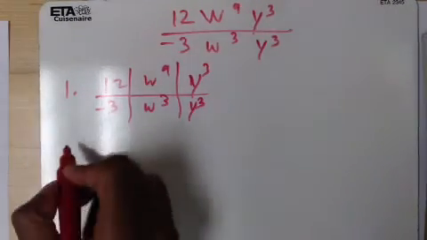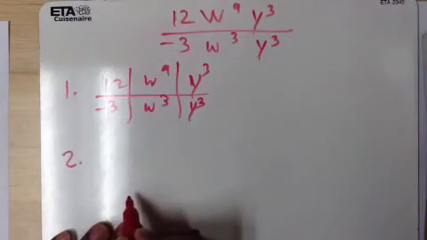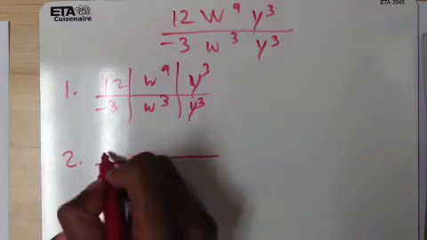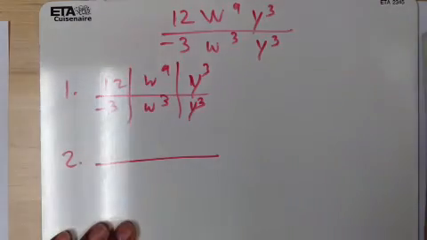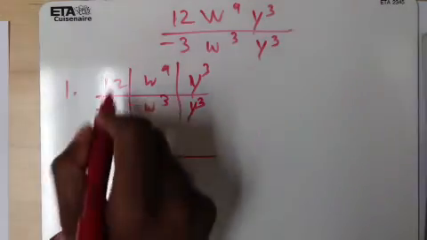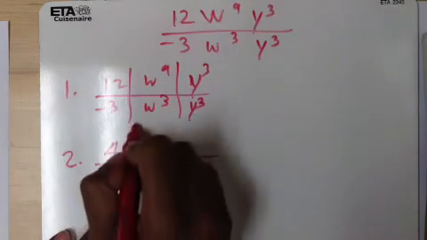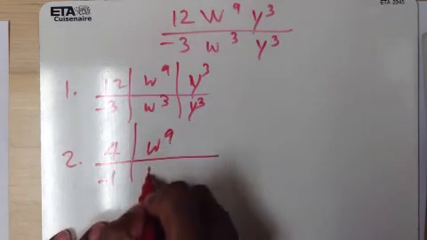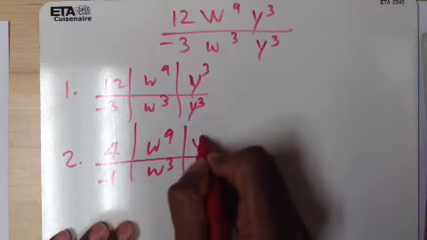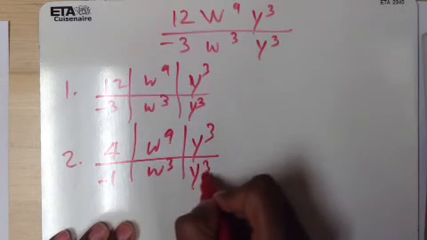That's step 1. Step 2, I'm going to take my coefficients and simplify them. 12 over negative 3 is the same thing as 4 over negative 1. W to the 9th, w to the 3rd, y to the 3rd, y to the 3rd.